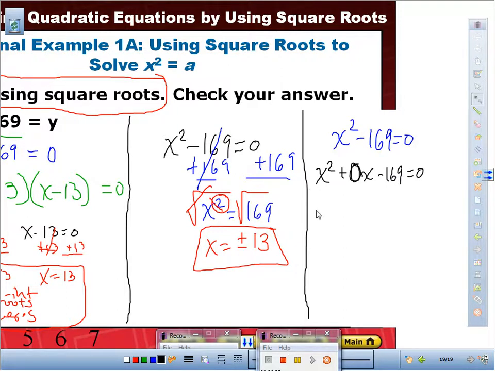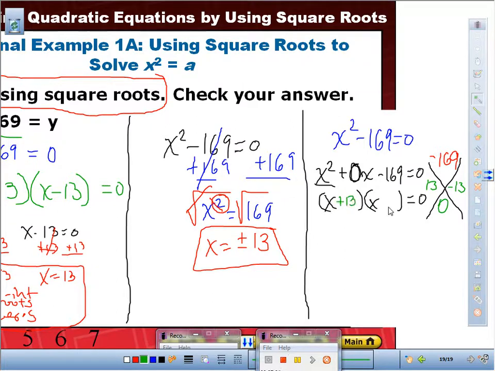So check this out. At this point, open two parentheses, factor the first term, use my Power Rangers, and what goes on top? Negative 169. What goes on the bottom? 0. So what numbers times each other give us negative 169 and add up to 0? 13 and negative 13.